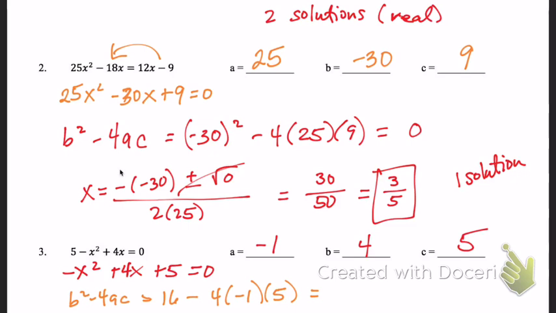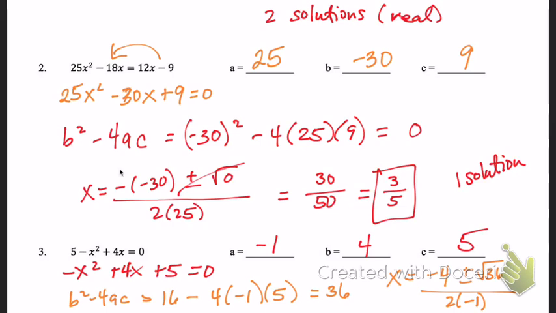I think you get 36. What's the square root of 36? So x is equal to negative b plus or minus square root of 36 all over 2a. I'm running out of room.